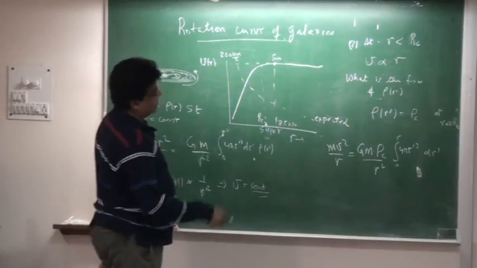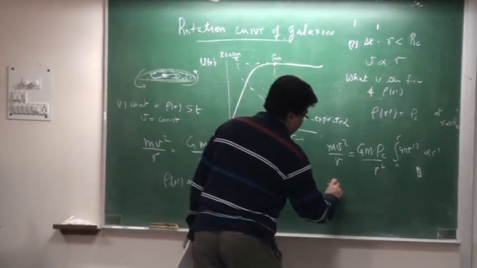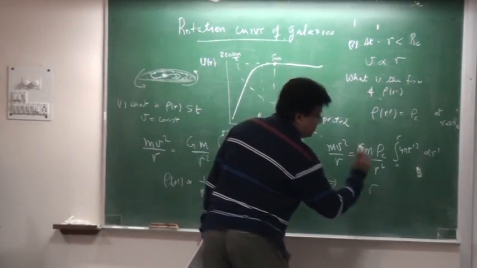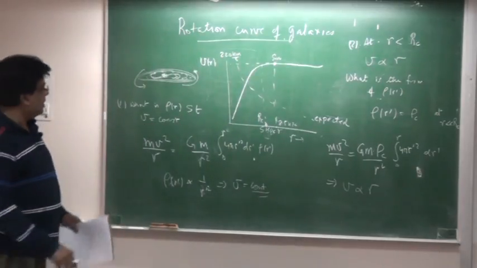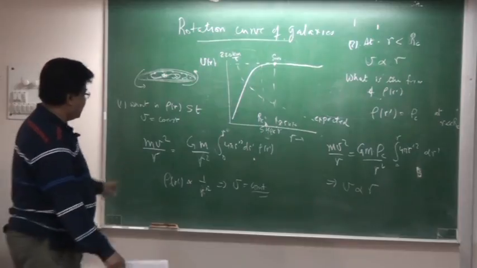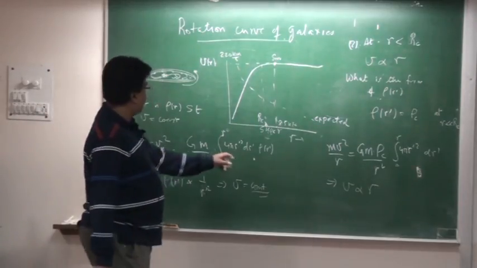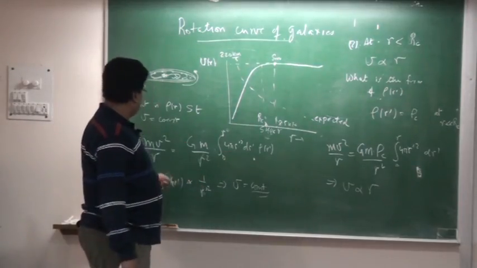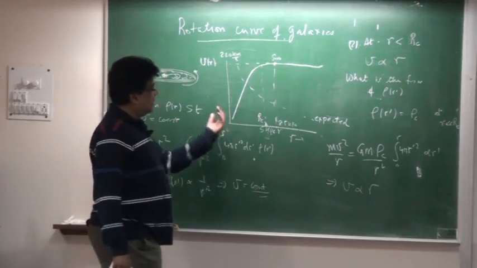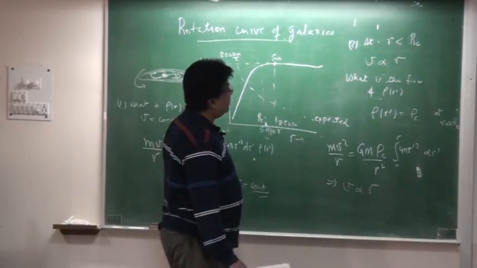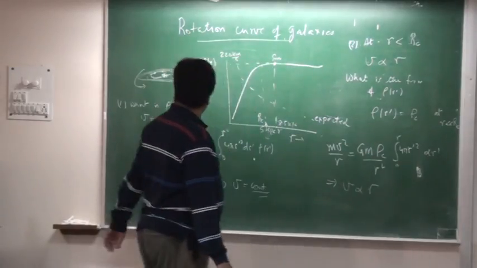And here you can again see that this will tell you that v is proportional to r. So you need a distribution which at large distances goes as 1 by r square, and at small radii is a constant.